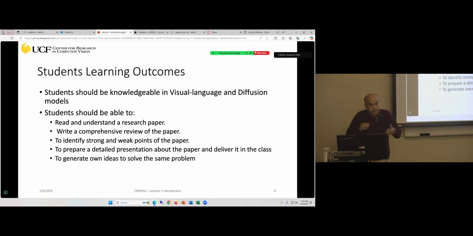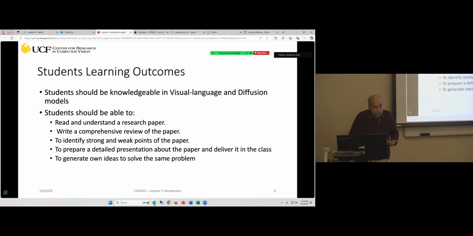Say you read a paper on a particular problem. The main thing as a researcher, you want to ask yourself, this problem, how will I solve it? Because as a researcher, you read a paper, understand it, fine, but that's not enough.